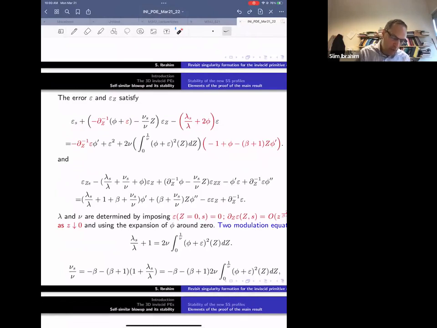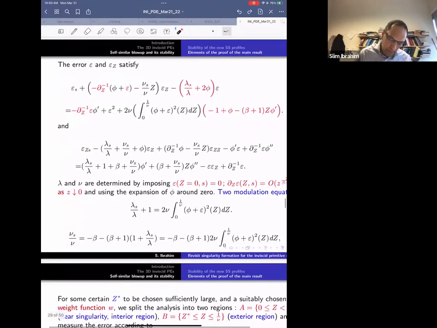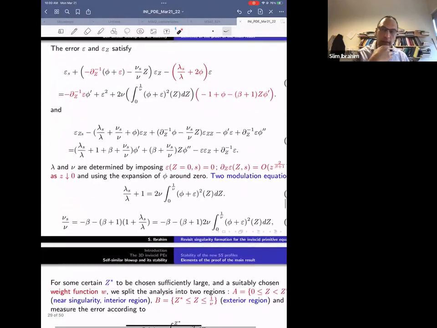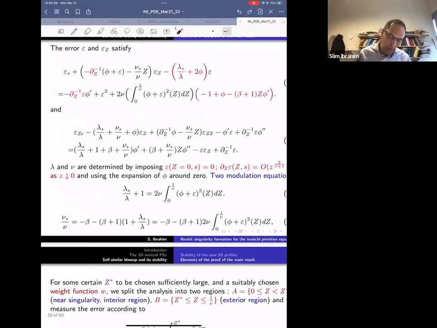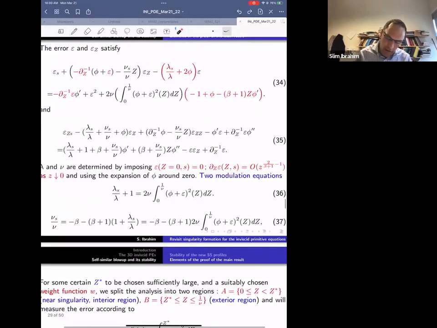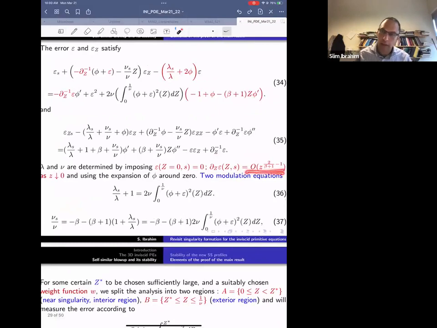We write down the equation on epsilon and epsilon z, the z derivative of epsilon. So we get these two PDEs. And then we impose boundary conditions, so epsilon vanishes at z equal to 0, as well as its derivative that vanishes at this specific order. This specific order is dictated by the decay of the profile phi that I mentioned earlier.